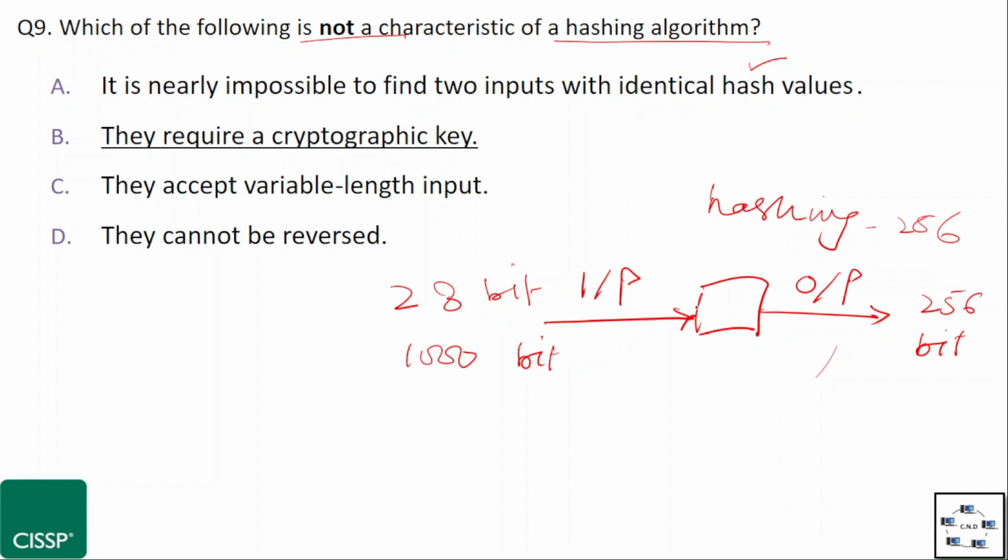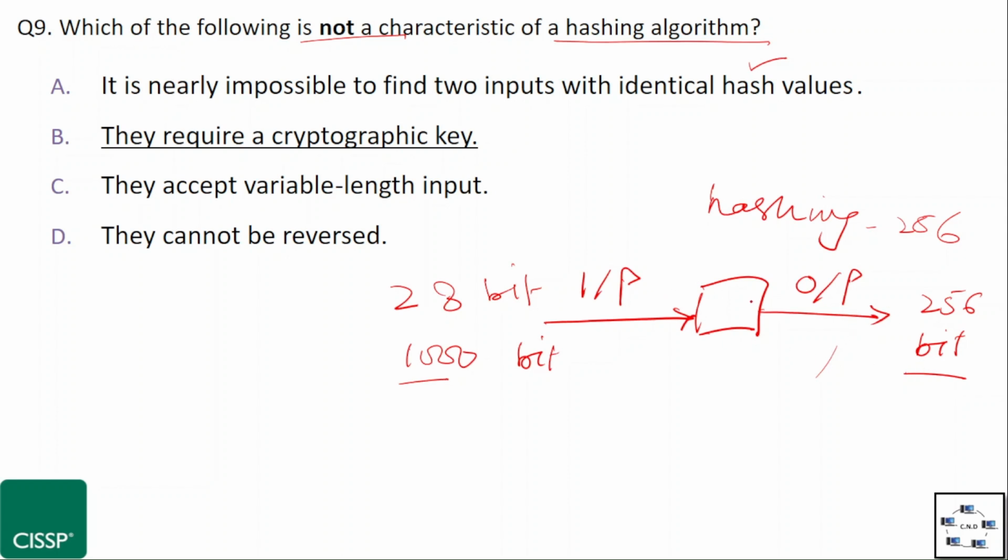So for 28 bits, it will produce a 256-bit hash, and for 1000 or even 2000 bits, it will produce the same 256-bit length of hash.